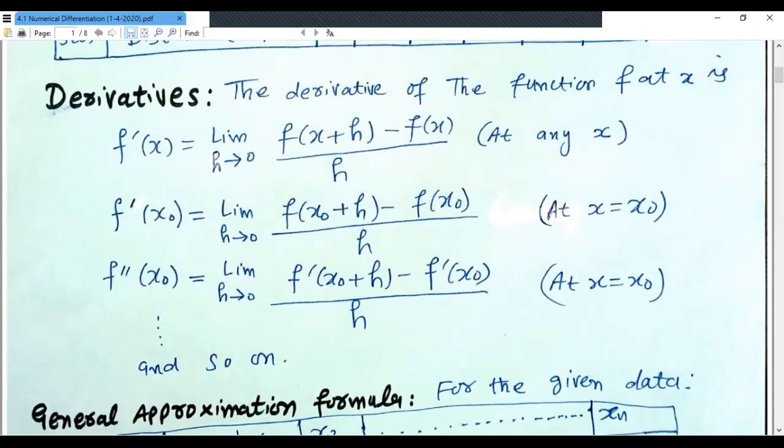If we put x equal to x naught, this will be the derivative of function f at the particular number x naught. Similarly, the double derivative is defined as the limit of f dash of x naught plus h minus f dash of x naught, divided by h. We can say that the double derivative is the derivative of the derivative, and so on. We can also find the third, fourth, and so on.